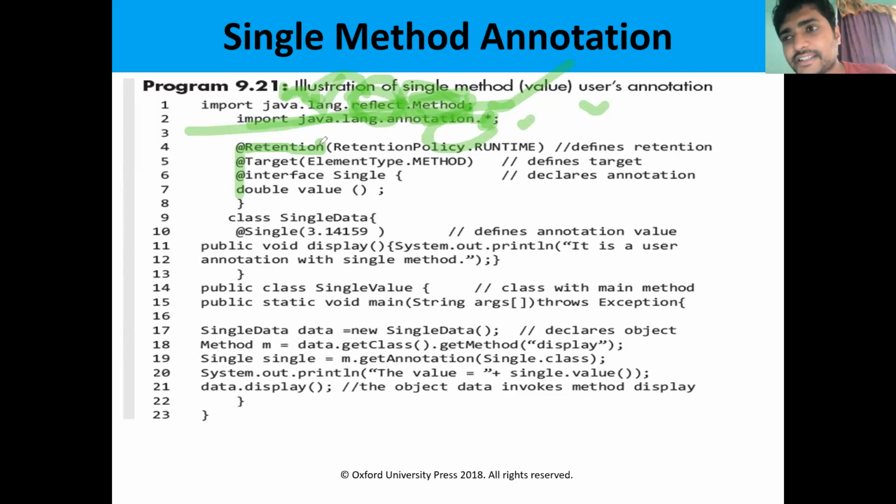Already we have seen the retention concept. That means the lifetime of the annotation. The annotation can exist up to the compile time, or up to the runtime. By using this Retention annotation, we can give the retention policy, that means whether the annotation can exist up to the runtime or up to the class, or the annotation can be treated as a comment.